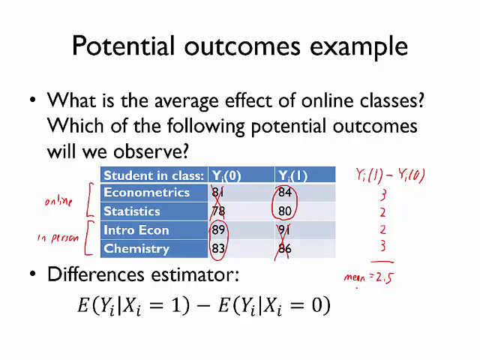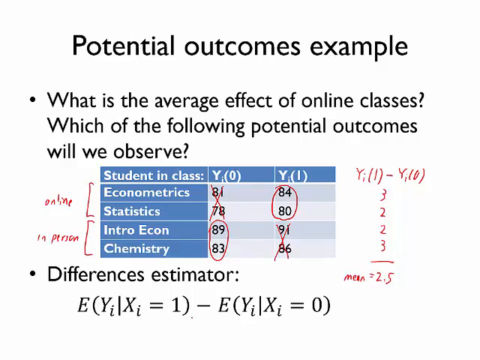One perhaps logical approach is to use what's called the differences estimator. In the differences estimator, we ask, what is the expected value, or the average, of the outcome y, given that x_i equals 1? In other words, given that the individual was in the treatment group.